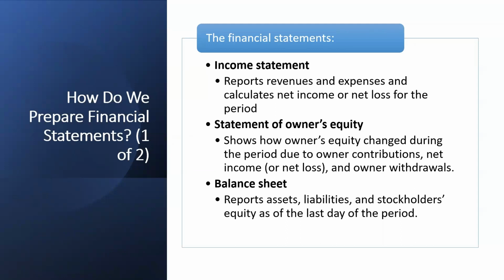Once the adjusted trial balance is compiled, the next step involves the preparation of the financial statements, which are arranged in a specific sequence. You have the income statement, the statement of owner's equity, and finally, you have the balance sheet.